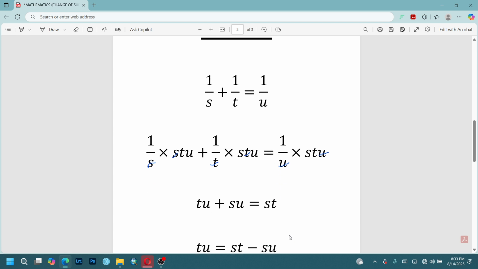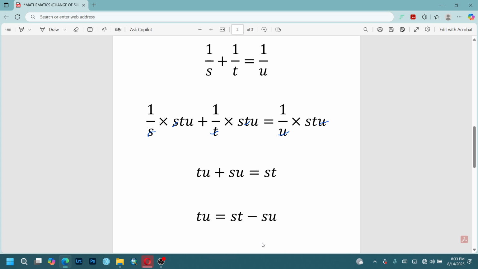So TU equals ST minus SU, or negative SU, because this positive SU crossed the equal to sign. Whenever a variable crosses the equal to sign, it will change its formation.